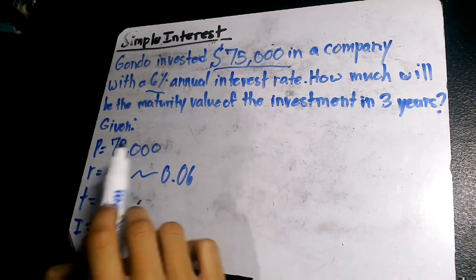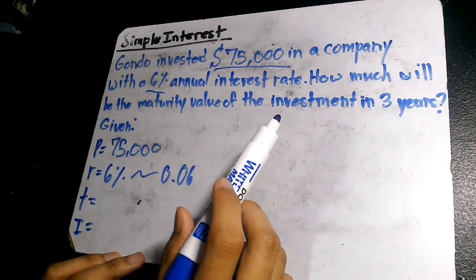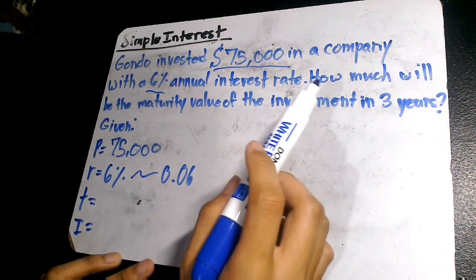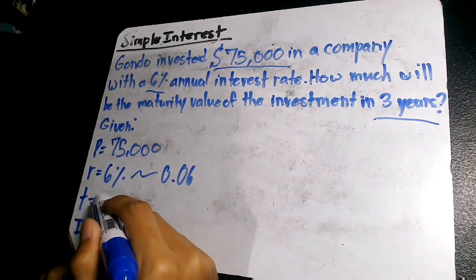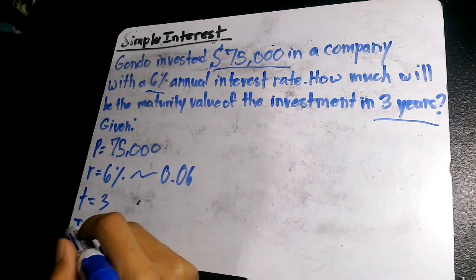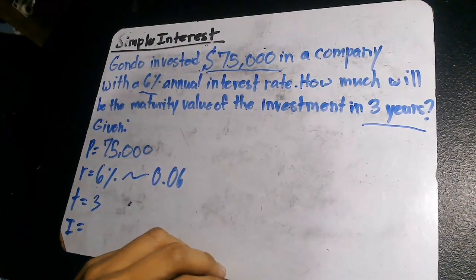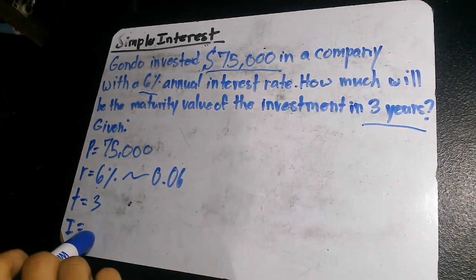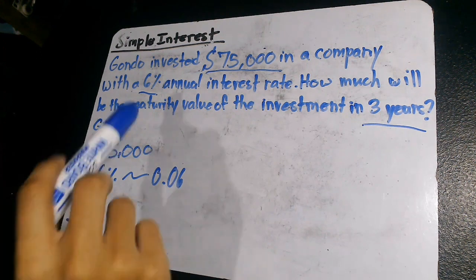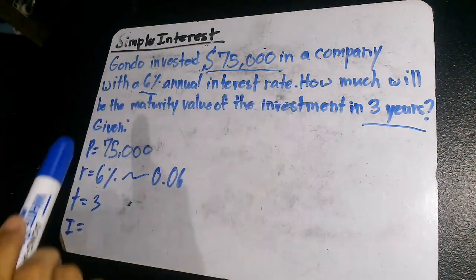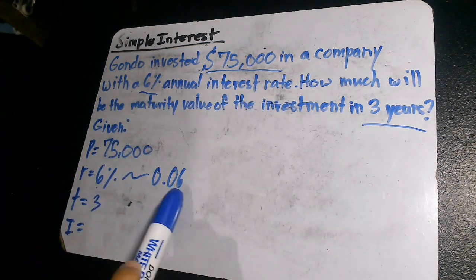The next one that we should identify is T, or the time. How much will be the maturity value in the investment in 3 years? The only time mentioned here is 3 years, so we will write it here. And last but not least is interest. If you read the example problem carefully, the only interest you can see here is the annual interest rate, but it is actually this one.